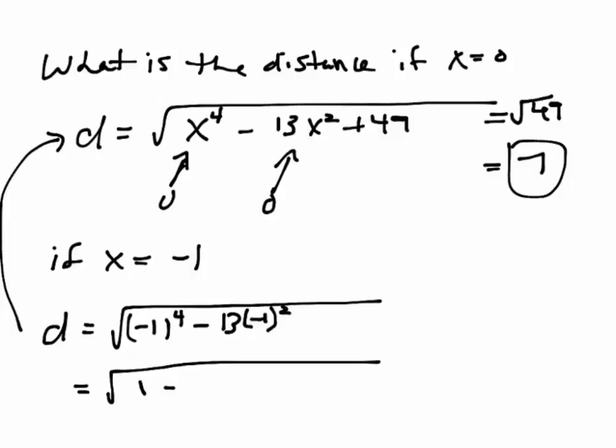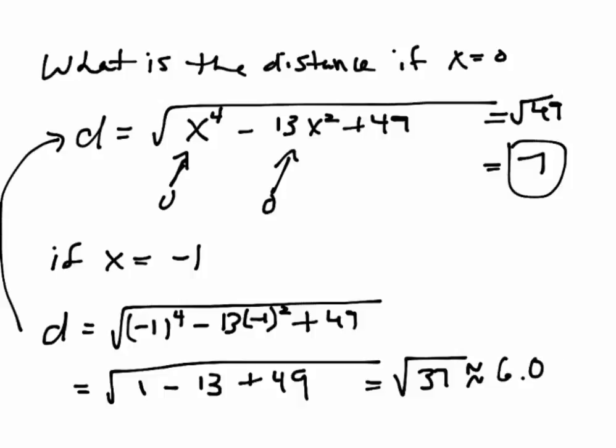Well, that would be minus 13, and then of course plus my 49. So if I do the math on that, that comes out to be the square root of 37, or approximately 6.08 if you want to know what that is. It doesn't give any units, so we're just going to call that our answer.